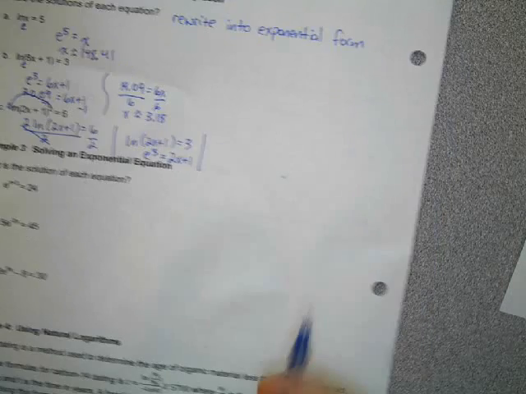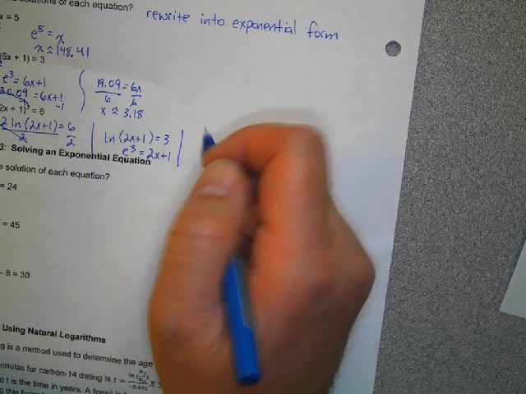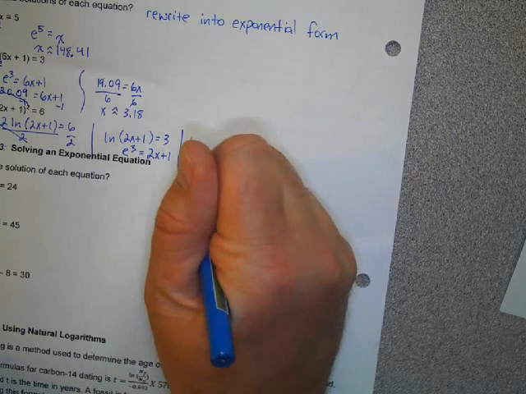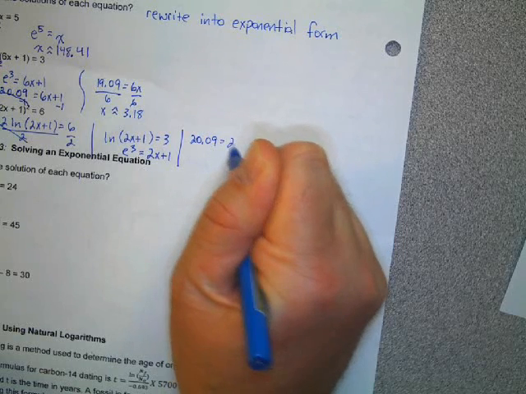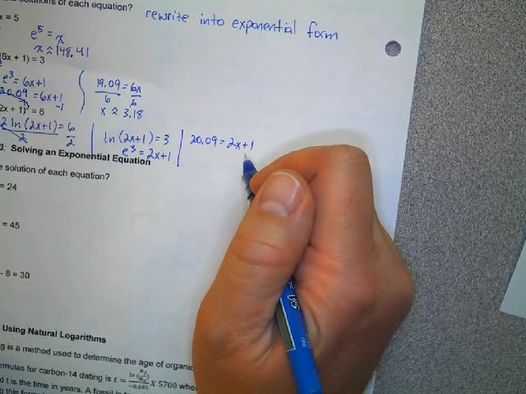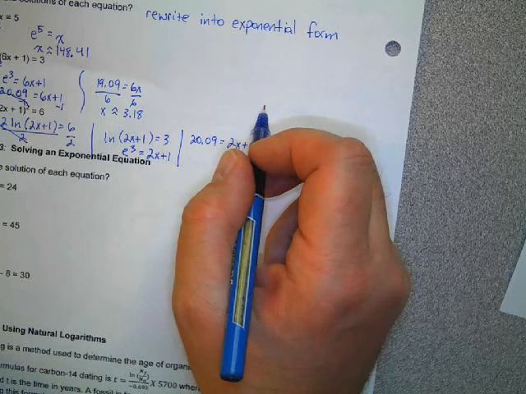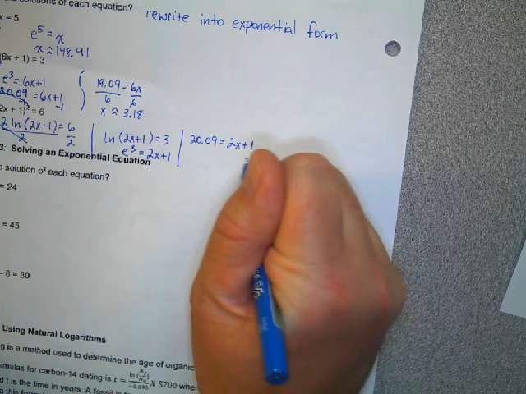E to the third is approximately 20.09. Take away 1 from both sides. Get 19.09.